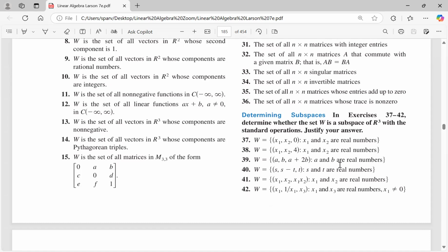It's (x1, 1/x1, x3), where x1 and x3 are real numbers, and x1 cannot be 0. So again, from that infinite list of A, B, C, he's creating his own types of vectors that he's going to extract from that set. Let's see if that one qualifies.